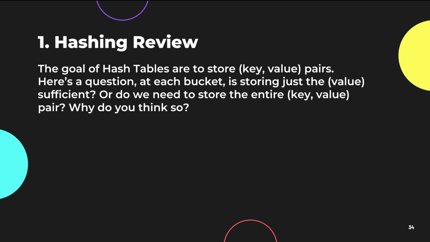Okay. How about Ying Qian? Yeah, basically the same point. If you don't store the key and you have two different values that hash to the same slot, when you go searching for them, you don't know which is which. You can't find the proper value.